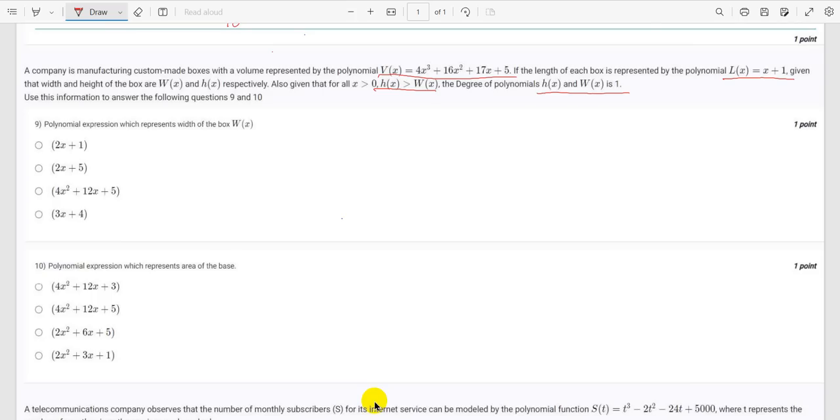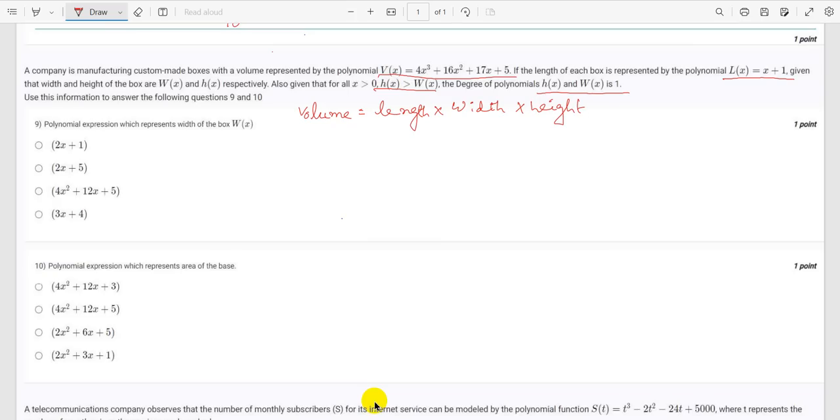So question number 9 is the polynomial expression which represents the width of the box W(x). So we have to find W(x). Now we are given the volume of the box and also the length of the box. Volume of a box is equal to length into width into height, right?